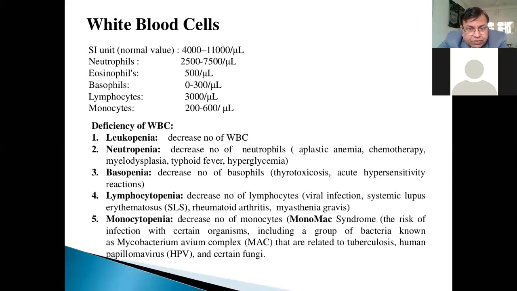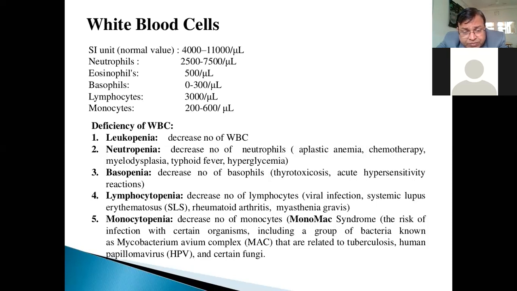Basopenia: decreased number of basophils, because of thyrotoxicity or hypersensitivity reactions. Lymphocytopenia: decreased number of lymphocytes in the case of viral infection, systemic lupus erythematosus, SLE, rheumatoid arthritis, and myasthenia gravis. It causes a decrease of lymphocytes in the body.